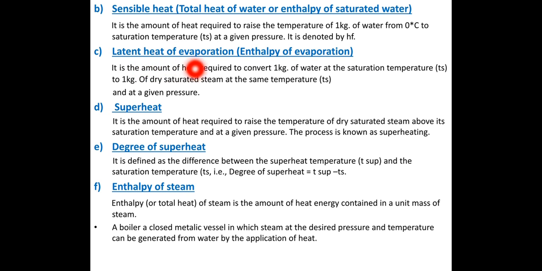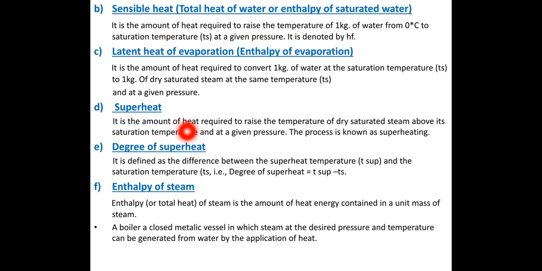Latent heat of evaporation is the amount of heat required to convert 1 kg of water at the saturation temperature, at point B, into wet steam. That is the latent heat of evaporation.